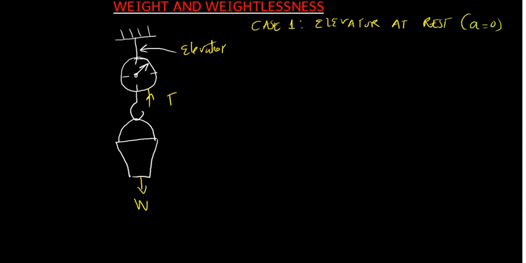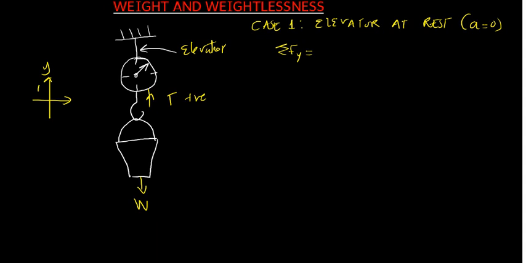Now let's consider the forces which are acting on this bucket. The net force in the y direction: we have a downward force which should be balanced with the upward force. Let's take up as positive, just as we consider the x or y plane.